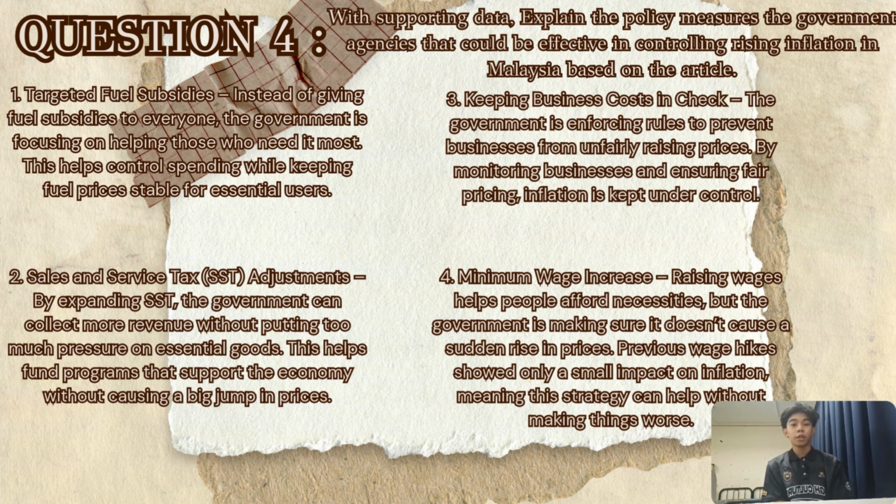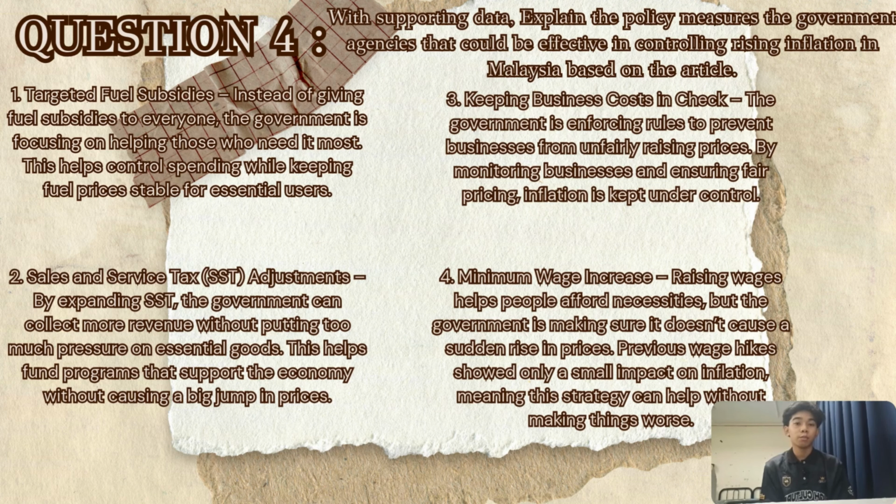Second, we are making adjustments to the sales and service tax, which is SST. By expanding SST coverage, we can generate more revenue to support economic programs without putting too much pressure on essential goods. This ensures that we continue to fund important initiatives without causing a sharp rise in prices.